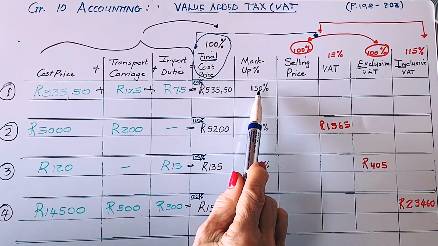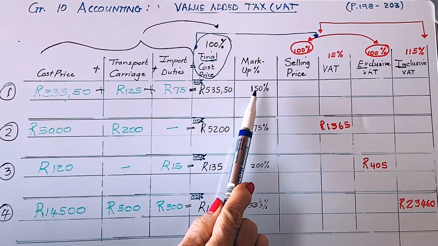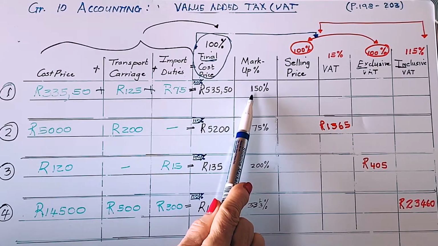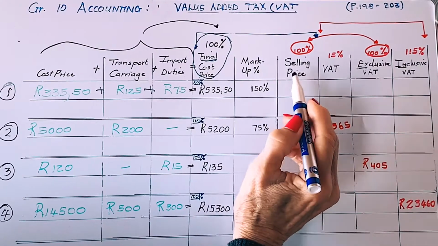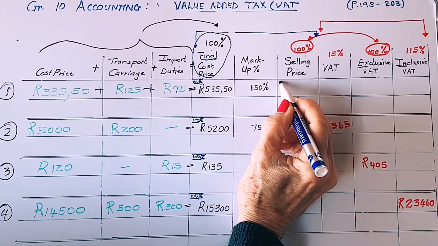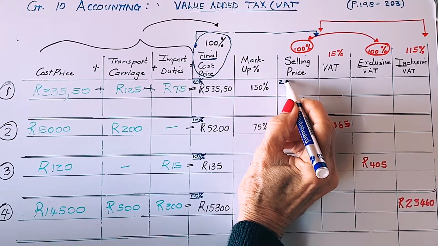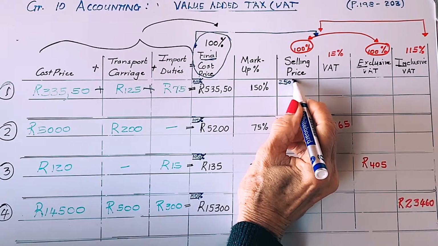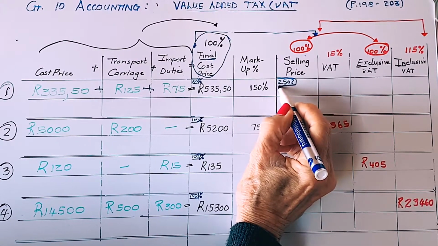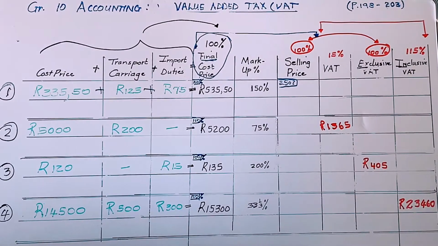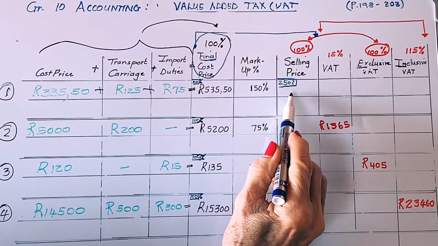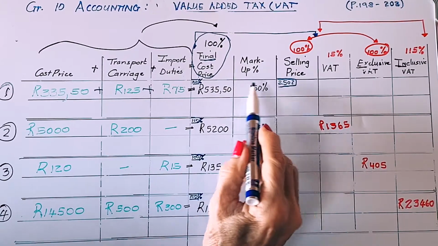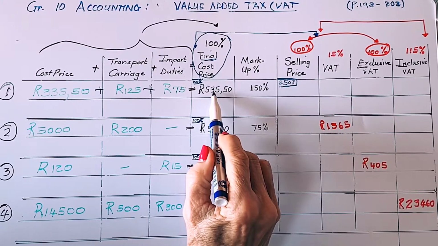The markup that I'm using in this business is 150%. So that means my selling price percentage will then be 250%. To calculate that amount, remember you always have to start with the amount available to you.